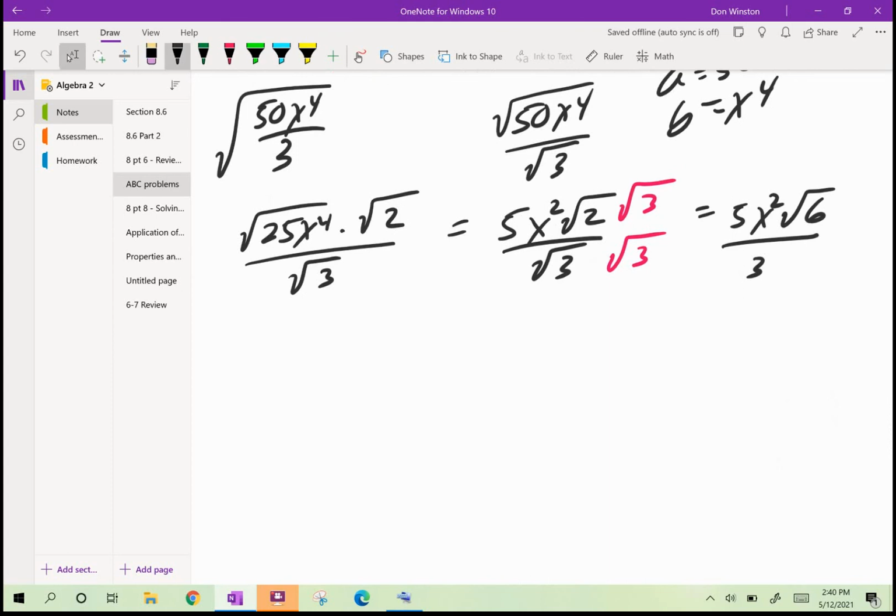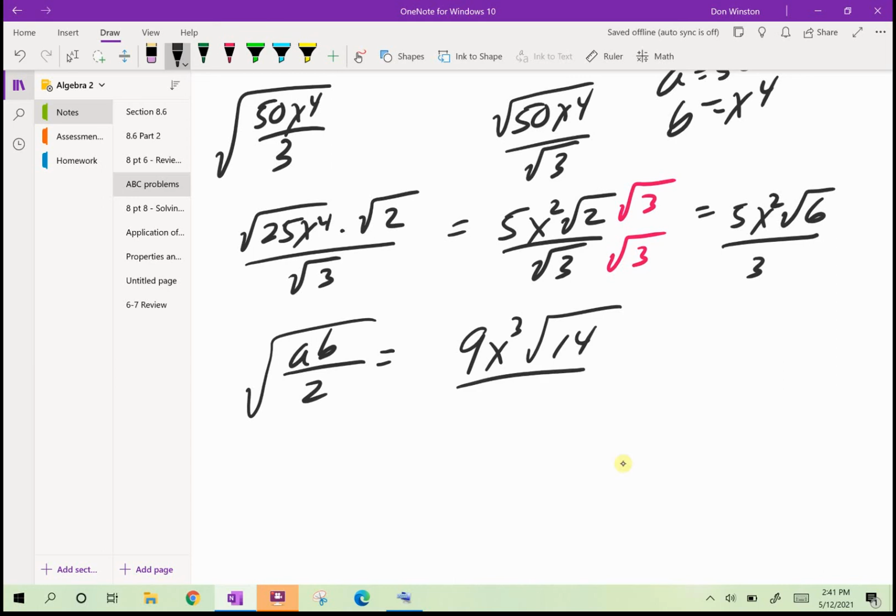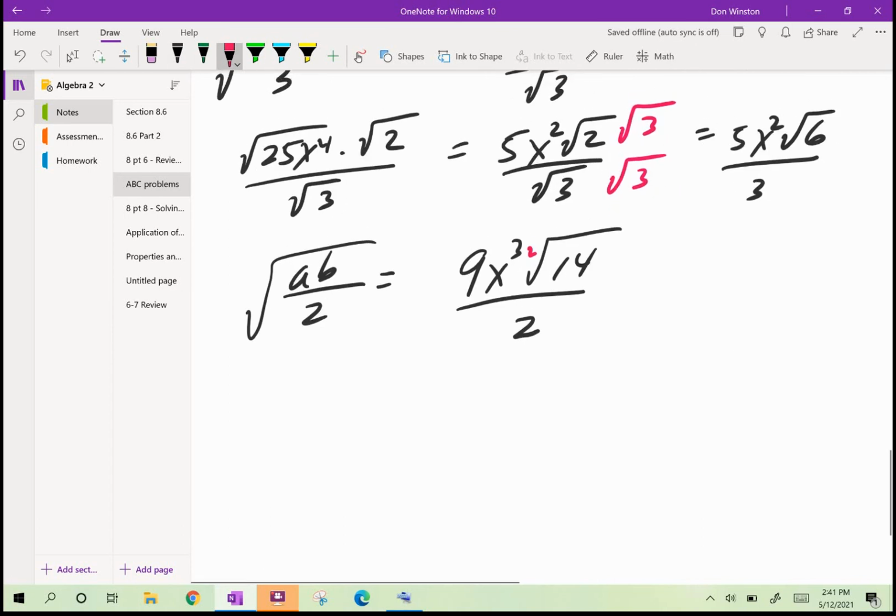All right, and then the last one here, so again, find A and B. In the end I had 9x cubed over the square root of 14 divided by 2. That was my final answer. Because I'm working with index 2, we'll just reverse everything. So this is going to be the square root of 9 squared, and then 3 times 2 is 6, times the square root.